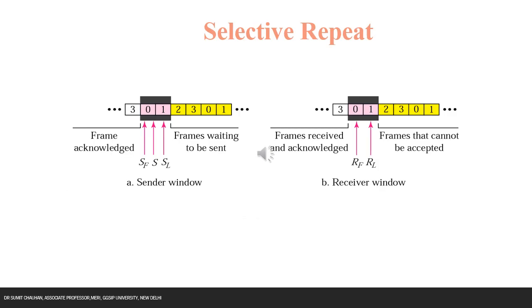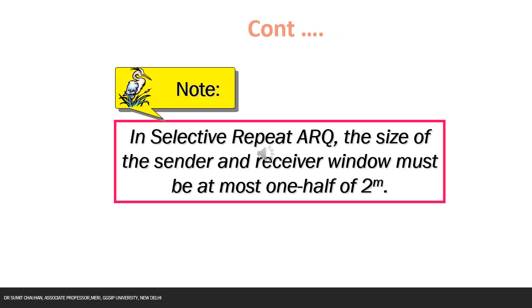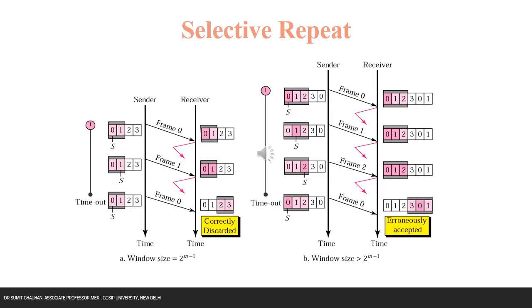Here we have selective repeat, where it will retransmit only the particular frame in which there was an error. In selective repeat ARQ, the size of the sender and receiver window must be at most 1/2 of 2 raised to the power m. Now this is again selective repeat with a different window size.